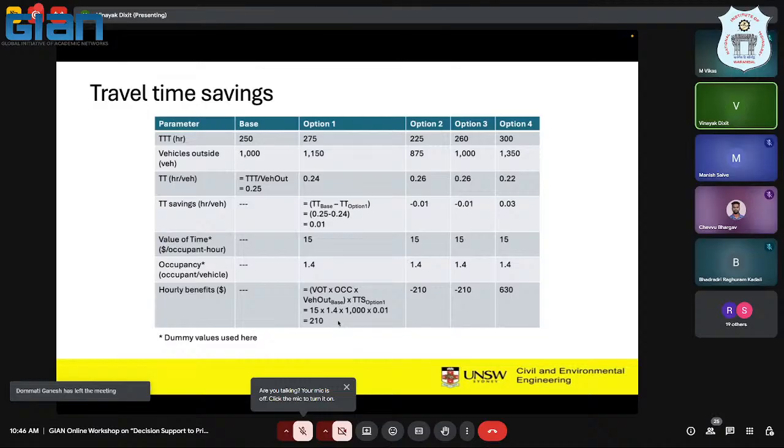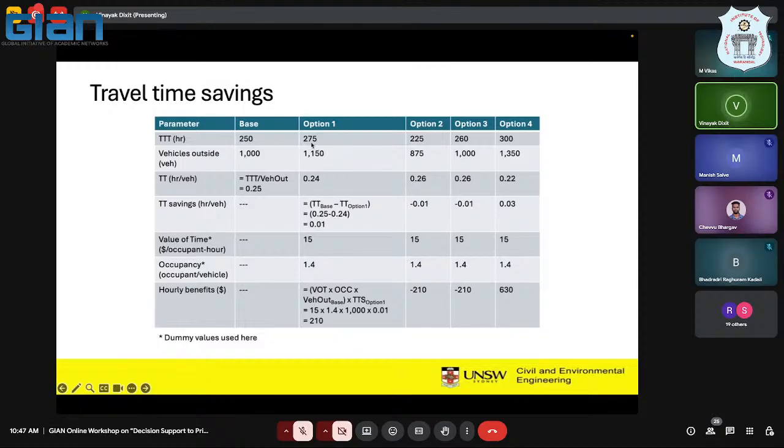Then option 1, let's say we put in a ramp meter. The total travel time has become 275. That is because you have 150 vehicles more as well, right?